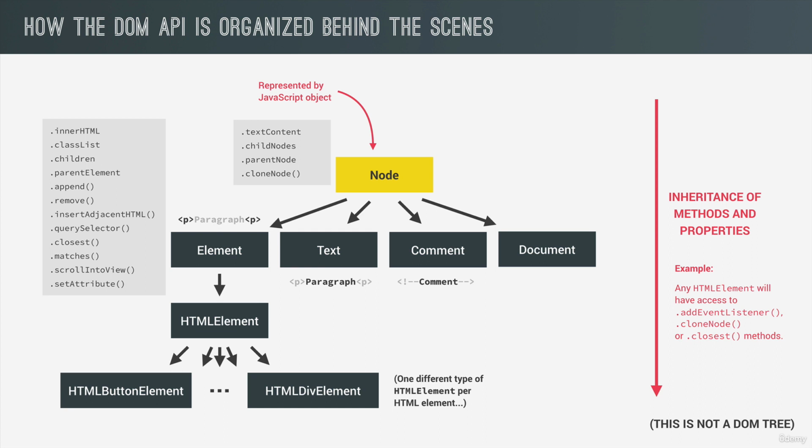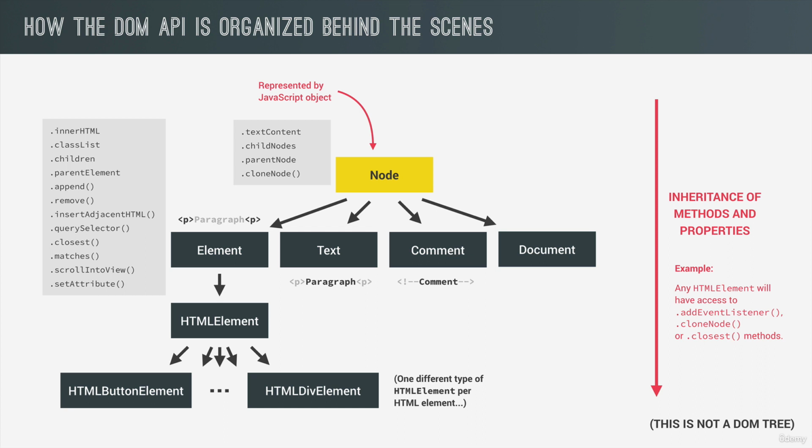And besides that, it will also get access to everything from the Node type, because that is also its parent type. Okay? So we can think of this as if the HTMLButtonElement, for example, is also an element and also a node. All right? Now, this may all seem a bit weird and confusing, but don't worry.